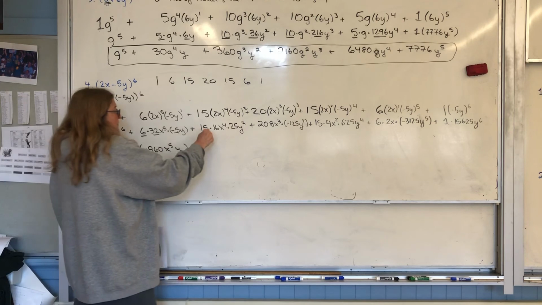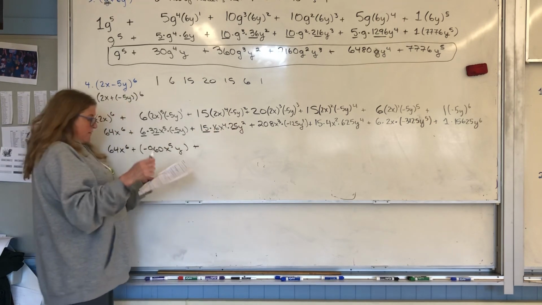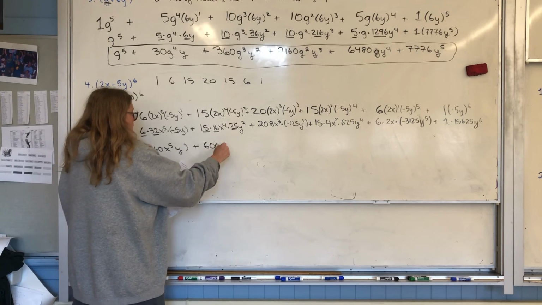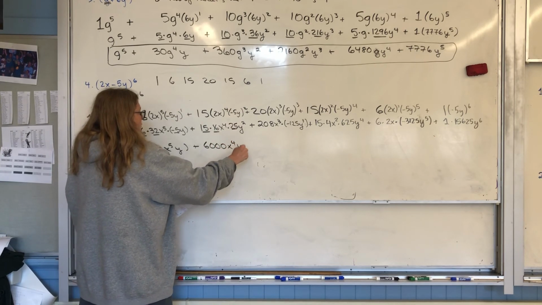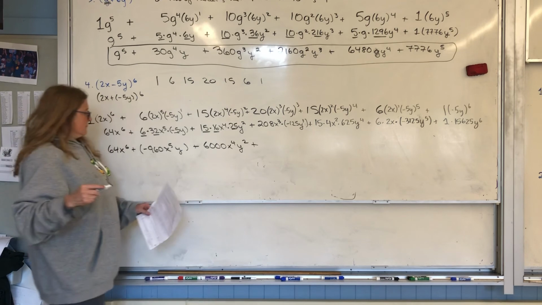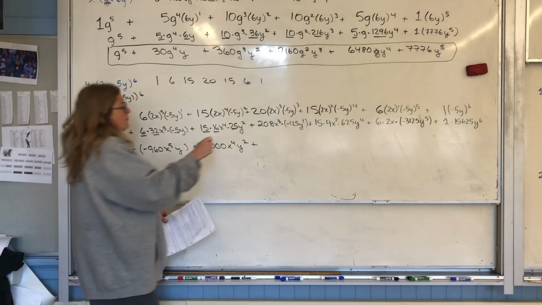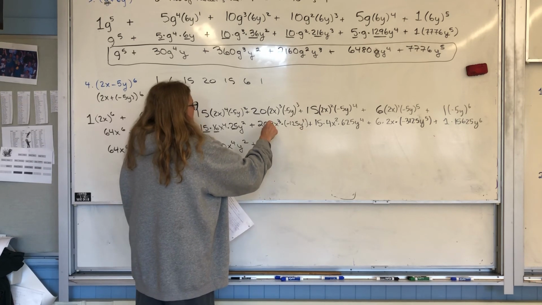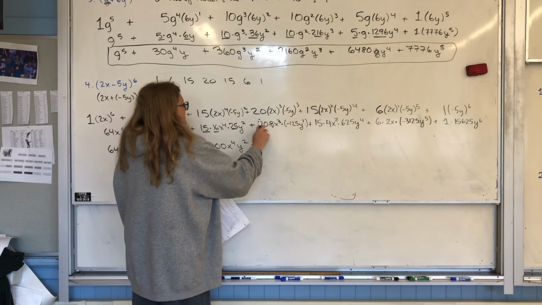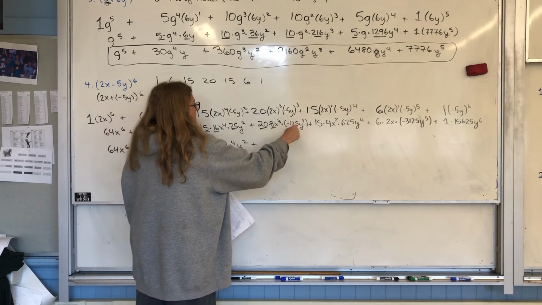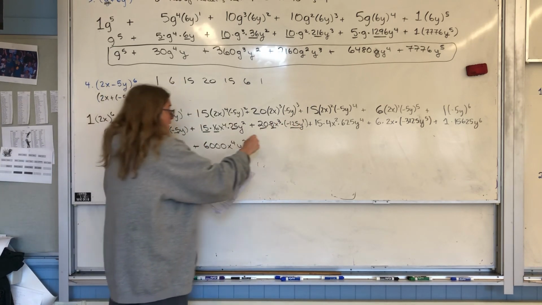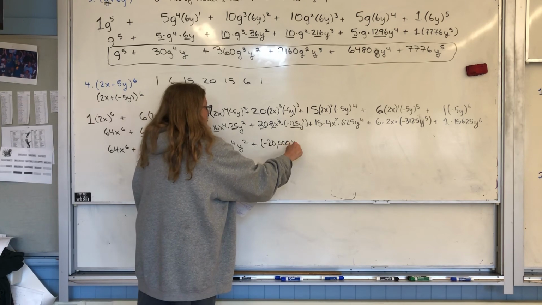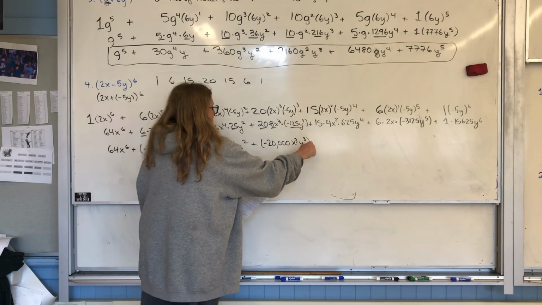This is going to be 15 times 16 times 25, which gives me 6,000 x to the 4th y squared. Here I'm going to do 20 times 8 times negative 125, and that's going to give me negative 20,000 x to the third y to the third.